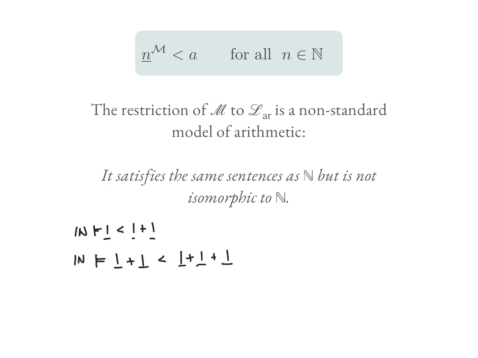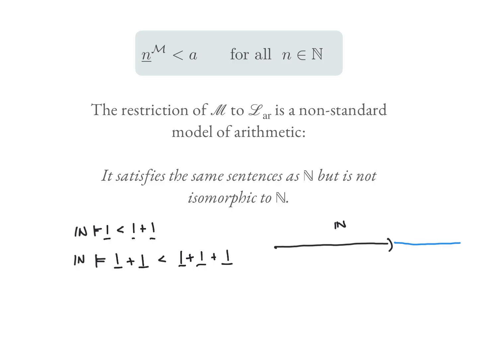Furthermore, for example, ℕ satisfies that there is no natural number between 1 and 1 plus 1. And we can express this property as a first order formula. Similarly, there's no natural number between 2 and 3. So this also has to hold for our non-standard model M.